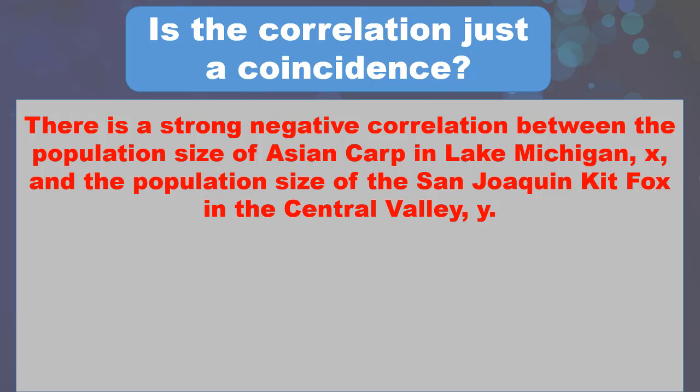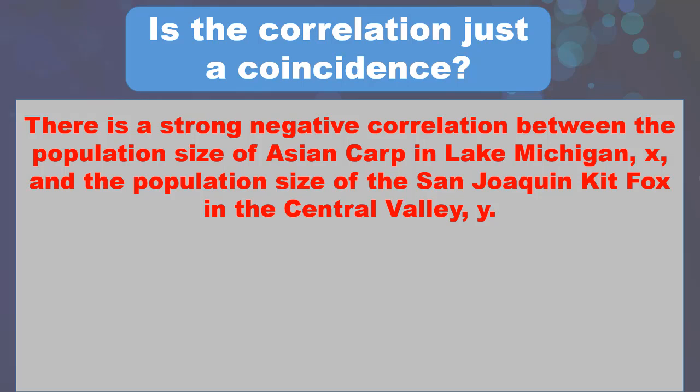So Asian carp is an invasive species in Lake Michigan. It's believed that those carp got there in the ballast tanks of cargo ships that entered into the lake, and when they emptied out their ballast tanks, these Asian carp swam out and found themselves a home in Lake Michigan. The problem with that is they're not native to Lake Michigan, and they have no natural predators there, so they have gone in and basically messed up the ecosystem.